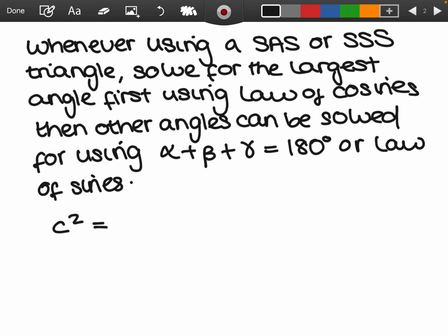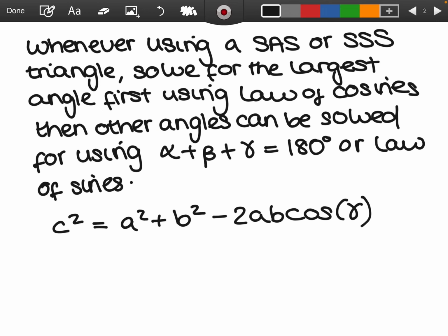Then we can solve any other angles using the law of sines or just subtracting from 180. So using the law of cosines, and I'm trying to solve for gamma, I'm going to use the formula that I know uses gamma, which is this one here. And I'm going to plug in a, b, and c into this and then solve for gamma.